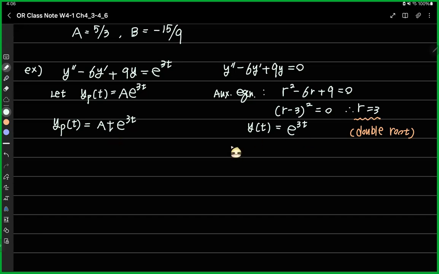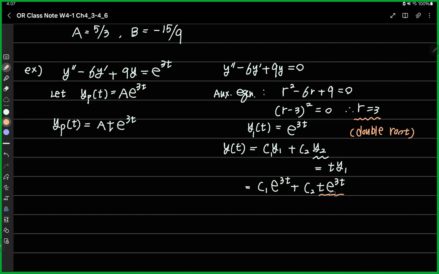We got y1. For the general solution, I missed one more thing: c1 times y1 plus c2 times y2. In this case, we got a double root, so y2 is defined by t times y1. So we got c1 times e to the 3t plus c2 times t times e to the 3t. So t times e to the 3t is another solution of that homogeneous system.